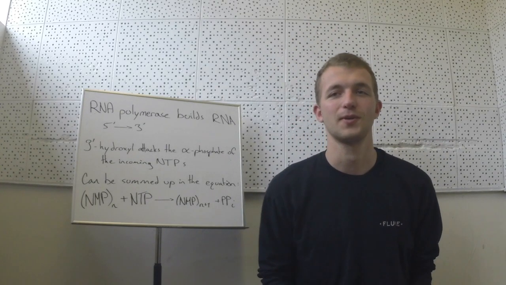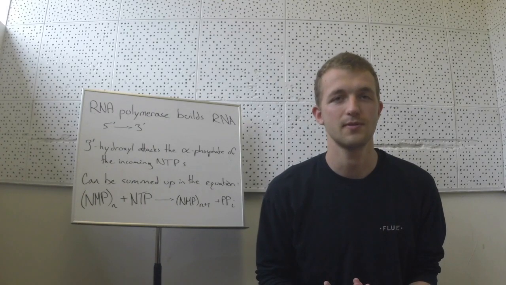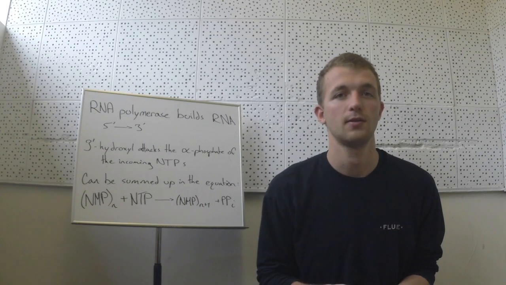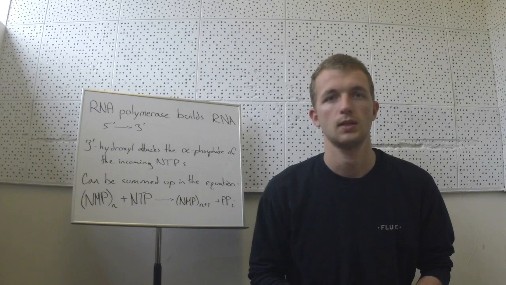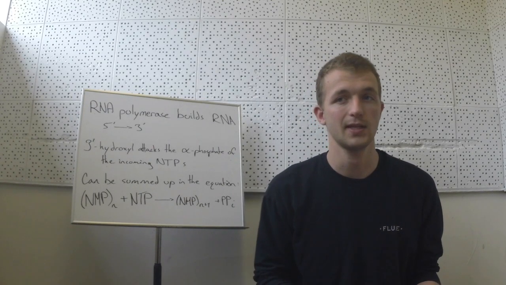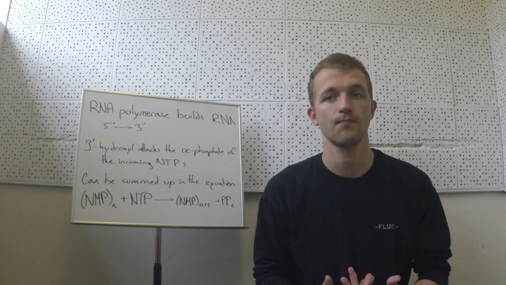Okay, so a quick overview of what just happened. RNA polymerase builds the RNA 5' to 3', which means that the DNA gets read 3' to 5' naturally. The 3' hydroxyl attacks the alpha phosphate of the incoming NTPs in order to add it to the growing RNA.